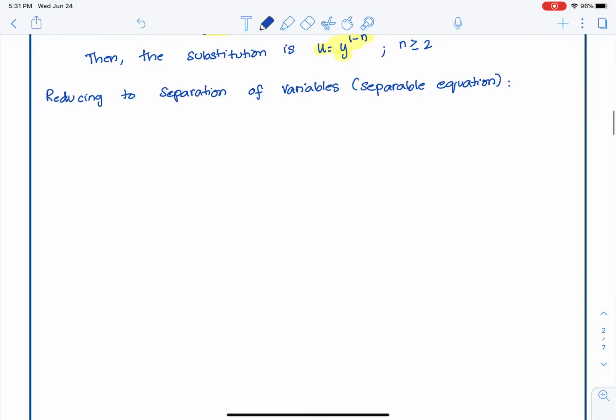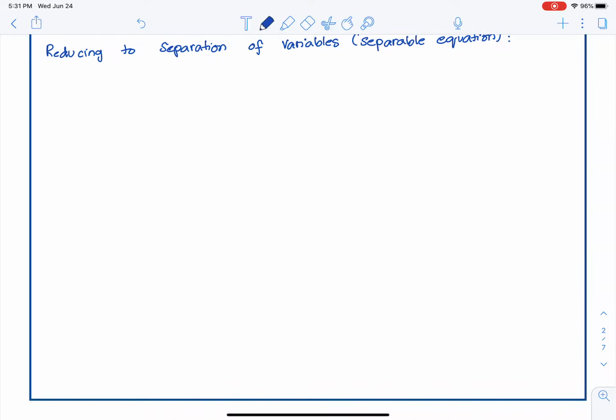So what is the original DE? The original DE is one that is going to look like dy over dx equals some function g of ax plus by plus c. Here b cannot equal 0.